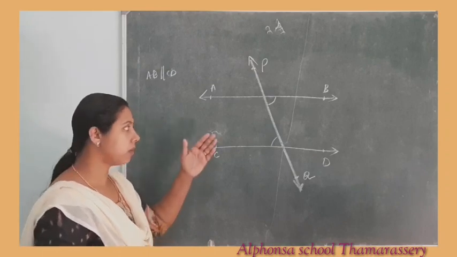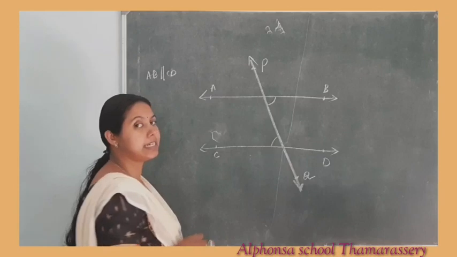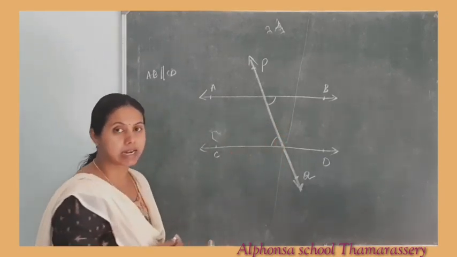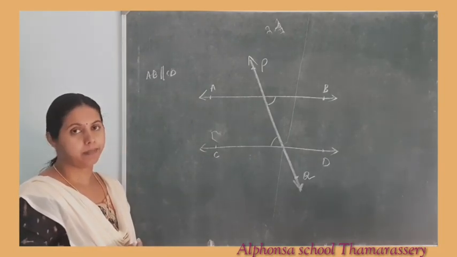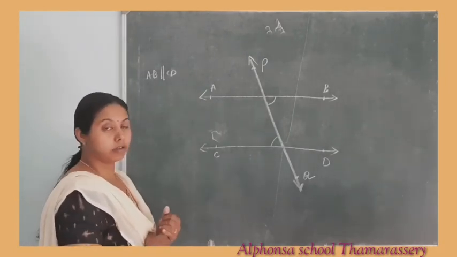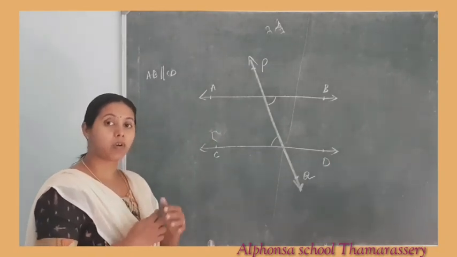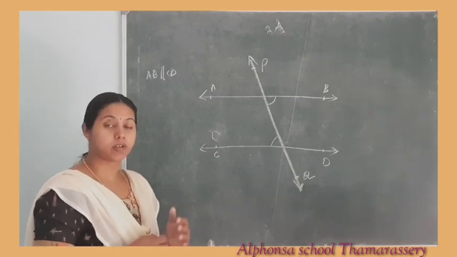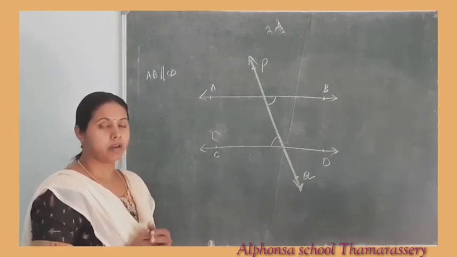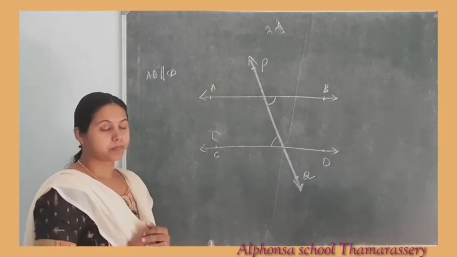So we want to show that these two alternate interior angles are equal. For that, we know the corresponding angles axiom that we already showed. So using that we can prove this.